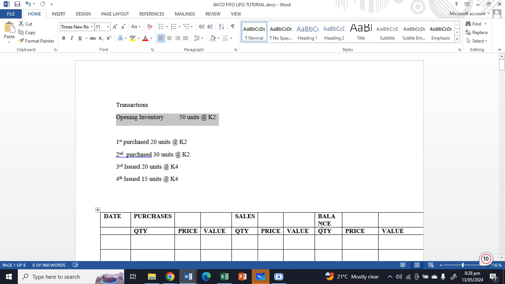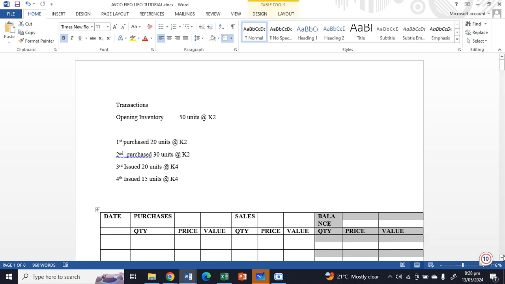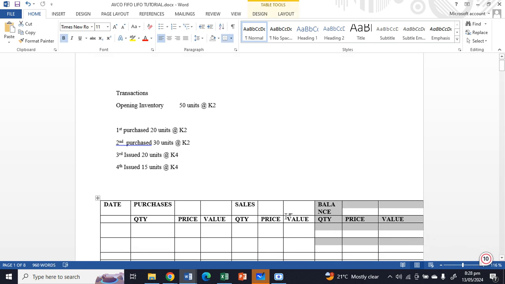So you come to the balance section of the stores ledger. The quantity, 50 units. The price, 2 kwacha per unit. The value, 100 kwacha. So this is our opening inventory.